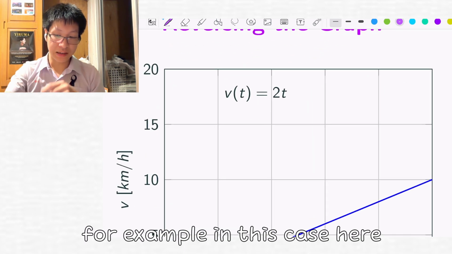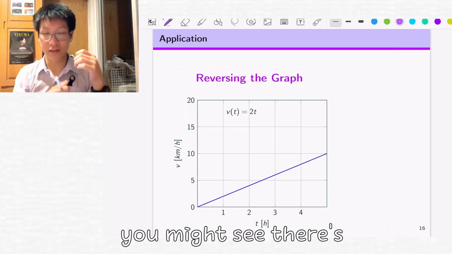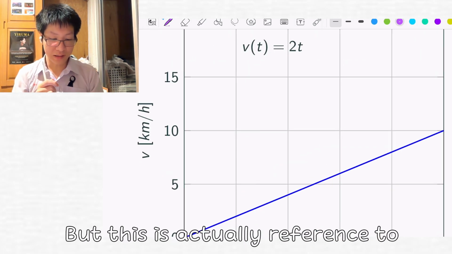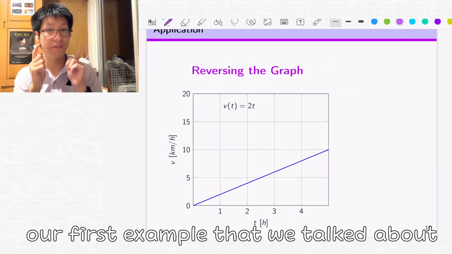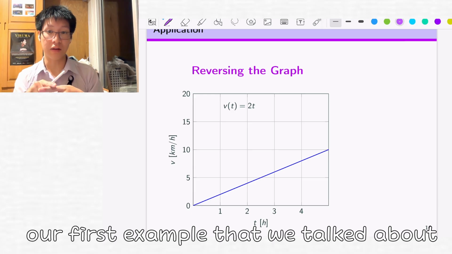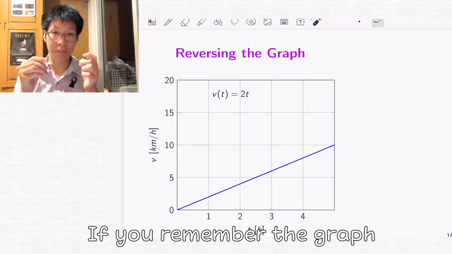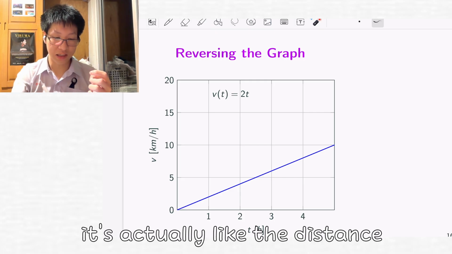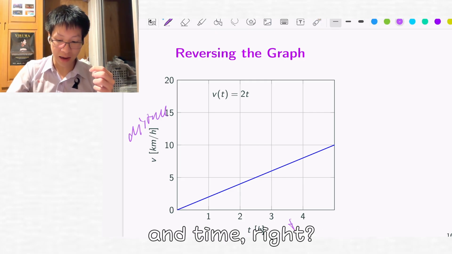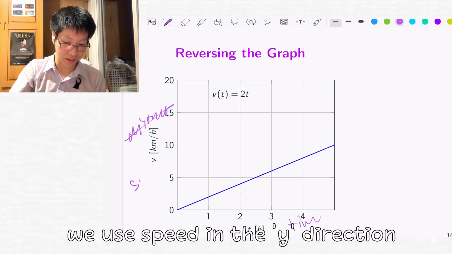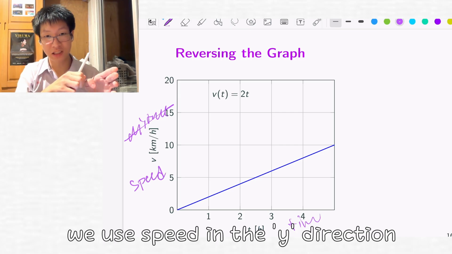Talking about some other applications of integrals, one application is to reverse the graph. For example, in this case here, you might see there's a lot of weird symbols, right? But this actually refers to our first example that we talked about, which is the example about the speedometer, right? If you remember, the graph I showed you was the distance and time, right? But in this case, we use speed in the y direction instead.